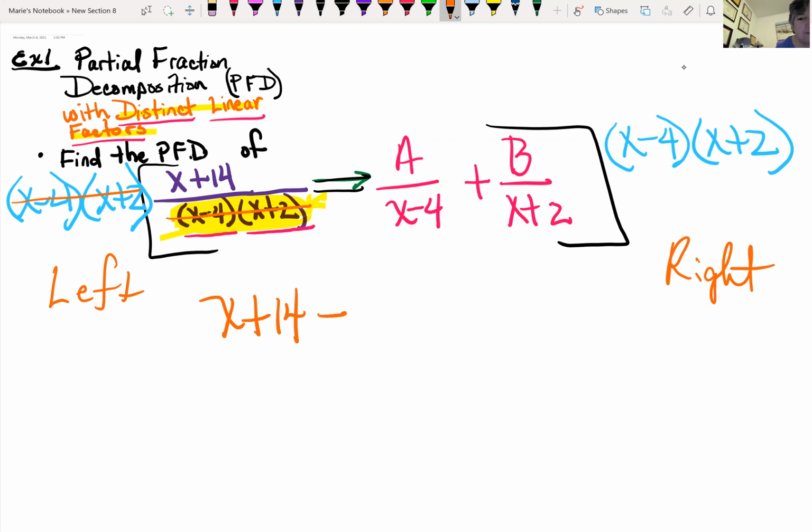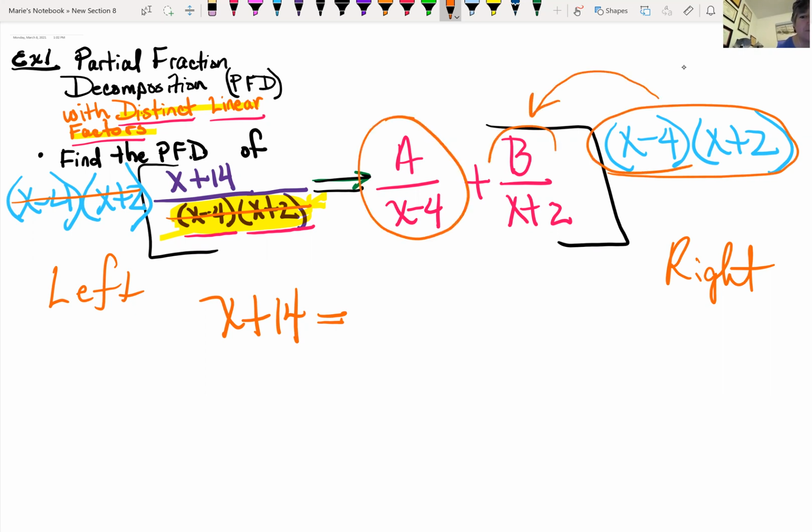And this is going to be set equal to, and now I want you to understand, I'm multiplying all of this times this, and then all of this again times all of this. Now, what happens is the numerators are going to end up swapping denominators. So you'll end up with a parentheses times, and then you'll end up with, in this case, the x plus 2, because the x minus 4s initially are going to cancel.